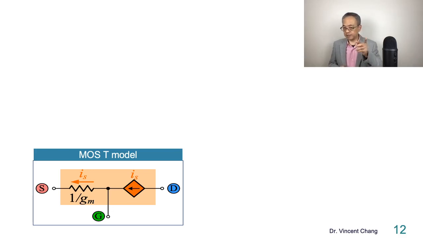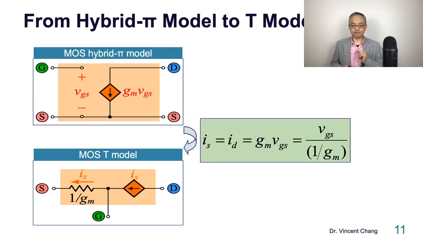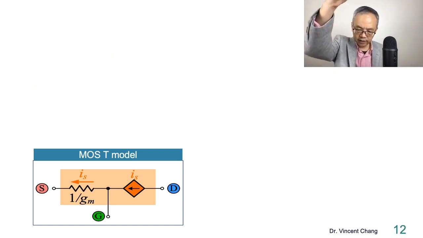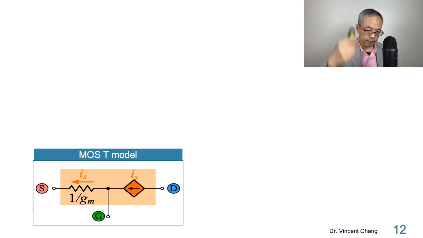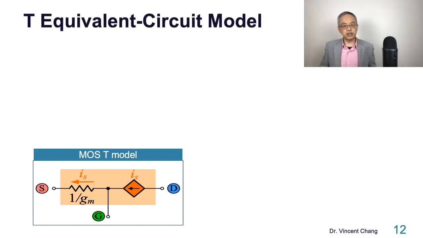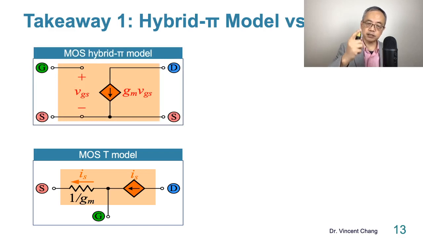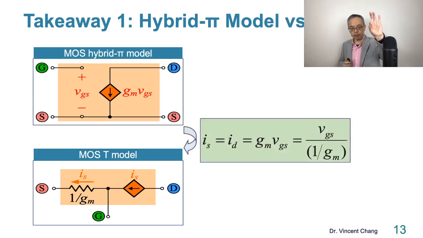On the top is the hybrid pi, on the bottom is the T model. So one equation can take you from the hybrid pi model to the T equivalent circuit model. Here's the takeaway. You know how to go from the hybrid pi model to the T model. So what's the key message here?